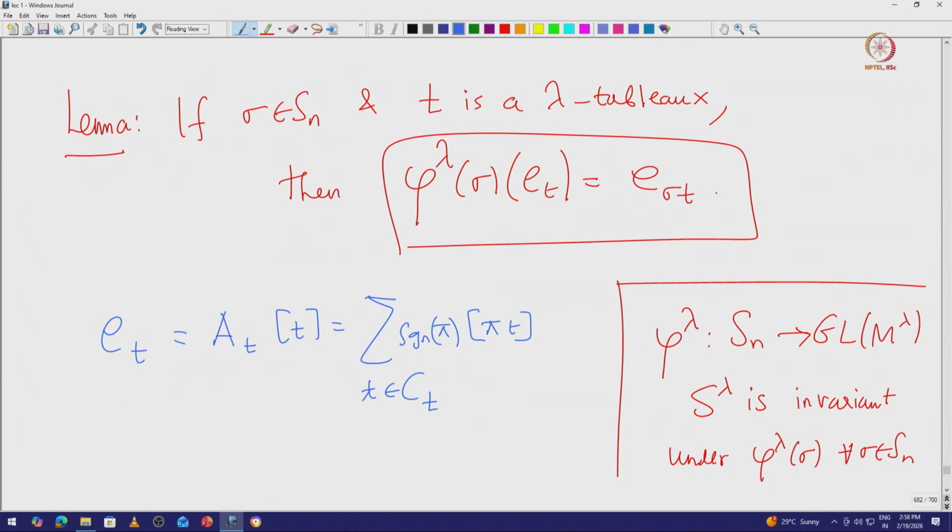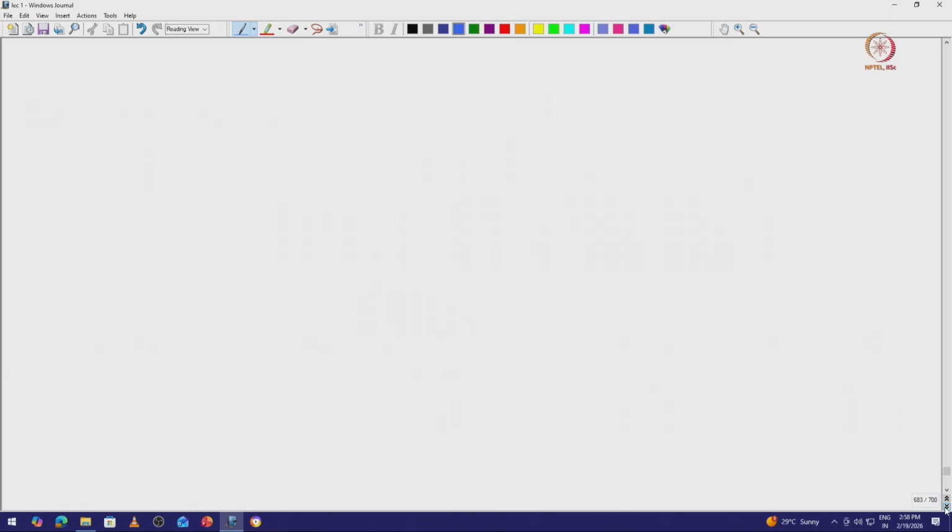Now let us compare the column stabilizer of t and of sigma t. It is easy to see that the column stabilizer of sigma t is the same as the column stabilizer of t up to conjugation. It is basically given by sigma C_t sigma inverse.